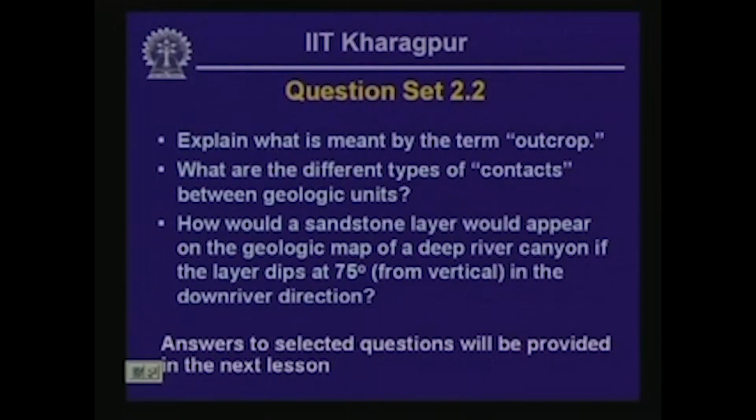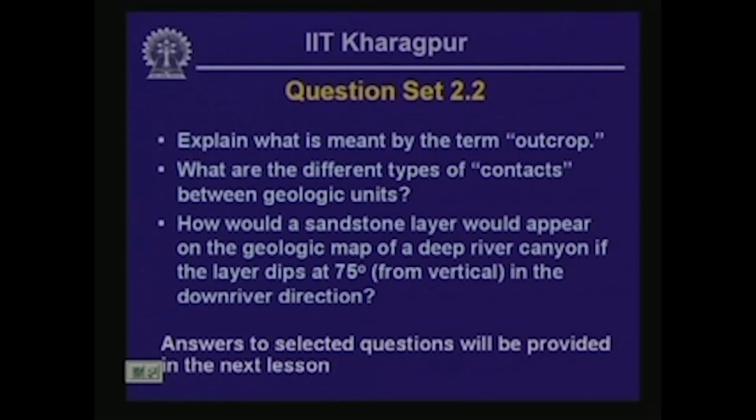Now, we finish this presentation as usual with a question set, and you should try to answer these questions at your leisure. The first question is, what is meant by the term outcrop?